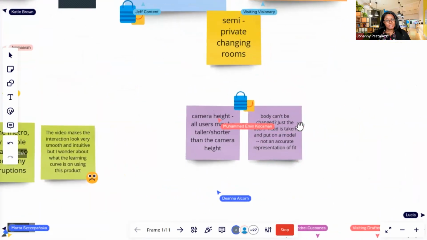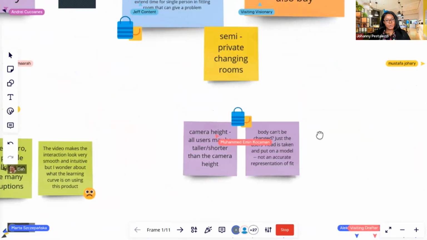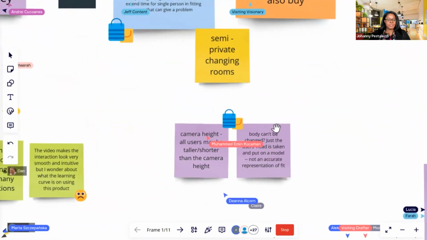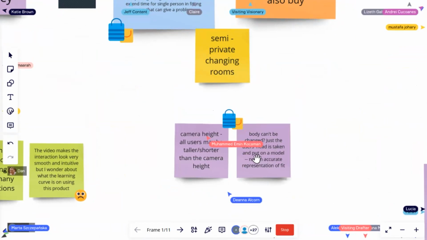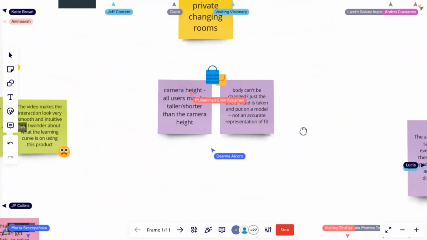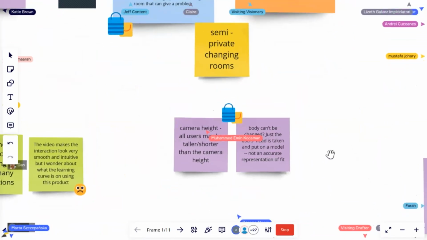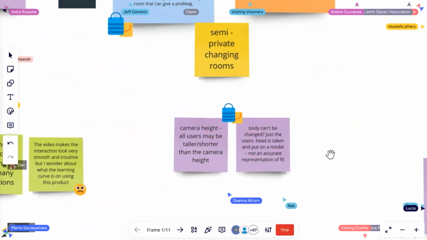A second person right below yours, if you could please share your ideas with us. Hi there. So I saw that the camera angle looked like it couldn't be changed. This is something that I noticed because it happens to me every day in my life. I'm very short, and so often when I'm getting a picture taken, it reaches only the top of my head.